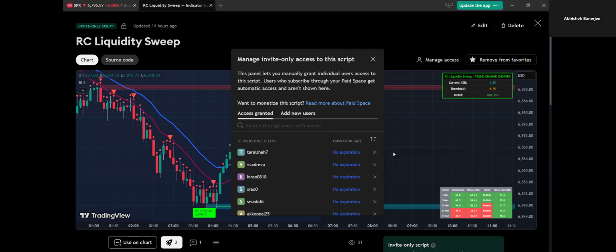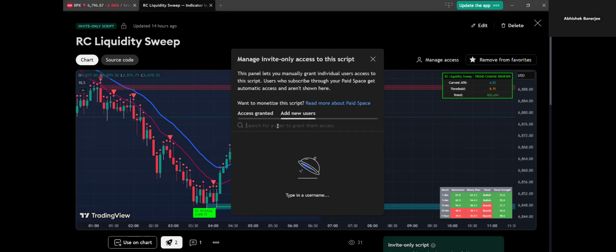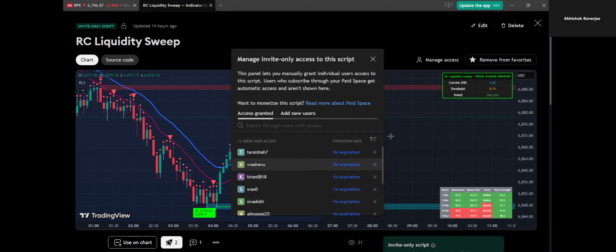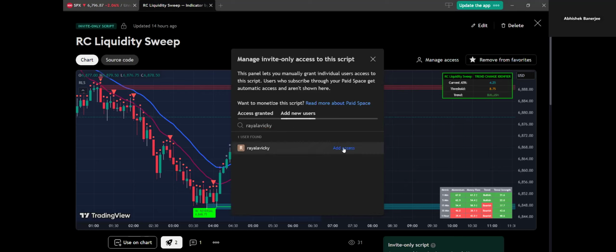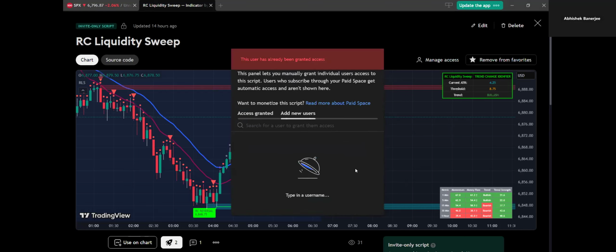What is the level for crude oil? Sure. It will go to 59.4. Provided access to everyone who shared their username.